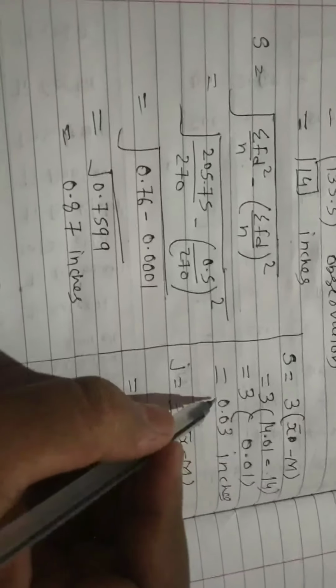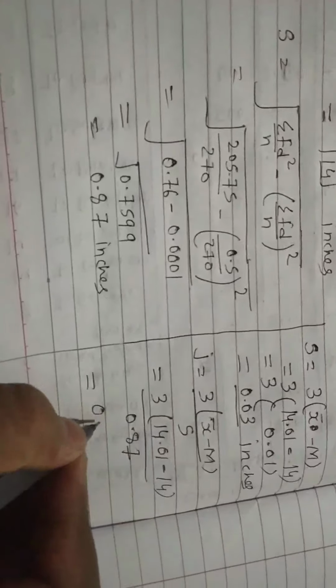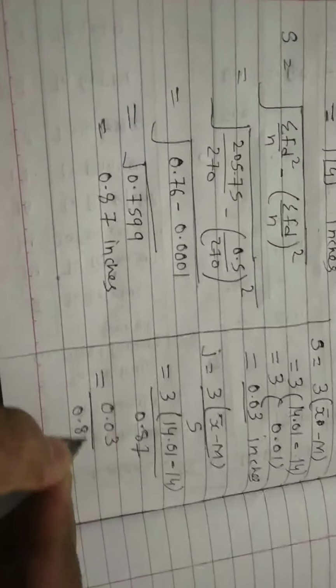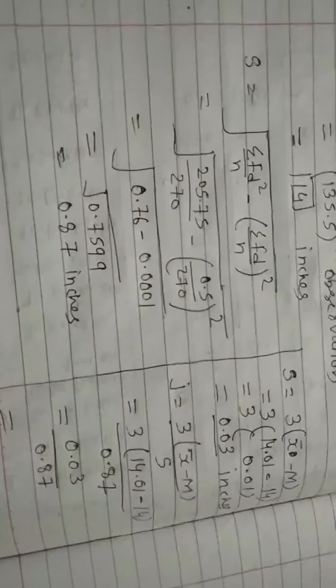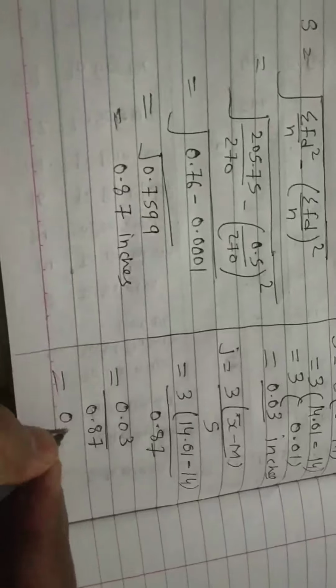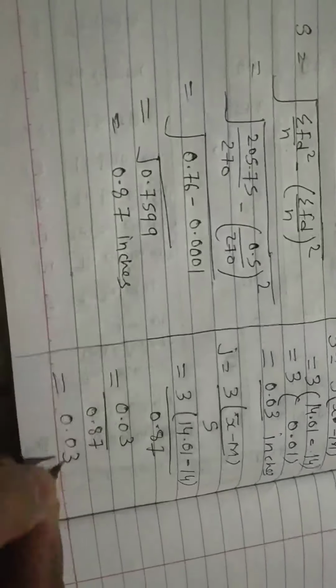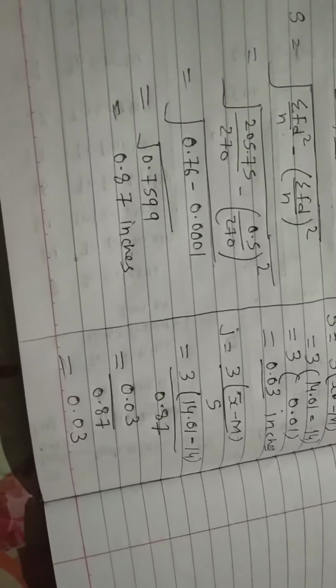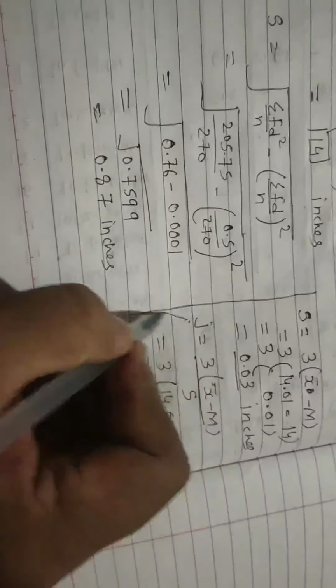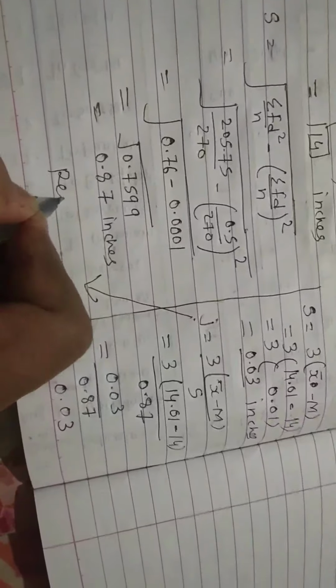So 3 times (x bar minus M) is 0.03, and we put 0.03 upon 0.87. The answer is 0.03. We will not put any unit here because J is a relative measure.